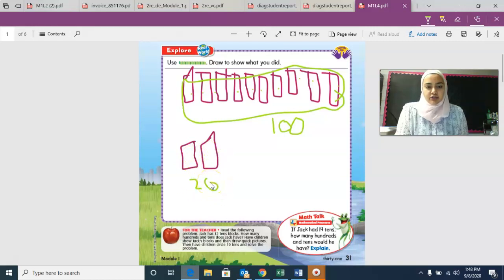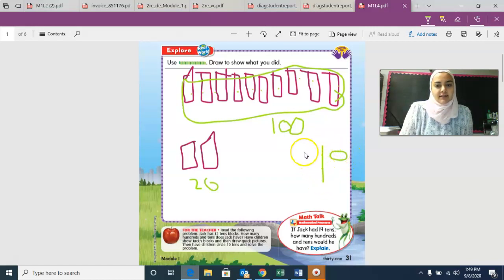All right. So the question says, draw quick pictures, which we just did. Circle the 10 tens, which is the same as 100. And the question is, how many hundreds and tens does Jake have? So let's go ahead and draw our chart: ones, tens, hundreds.